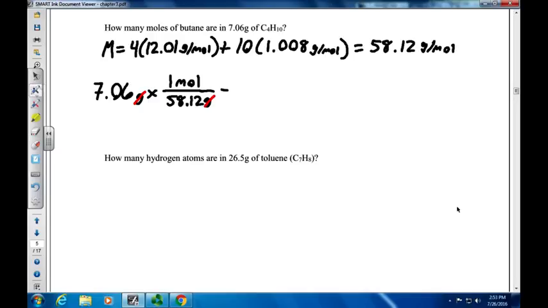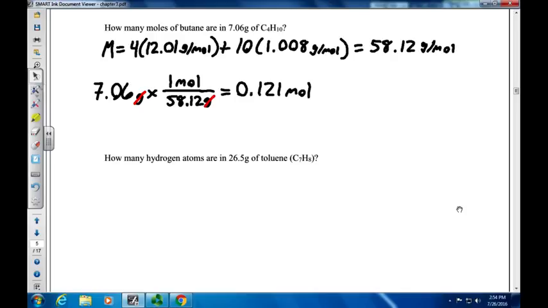So when you do the arithmetic out, you'll find that the answer is 0.121 moles. Again, looking at the significant figures, we have 3 significant figures as our least amount in the dimensional analysis, and that's what we ended up with. So that would be the correct answer.